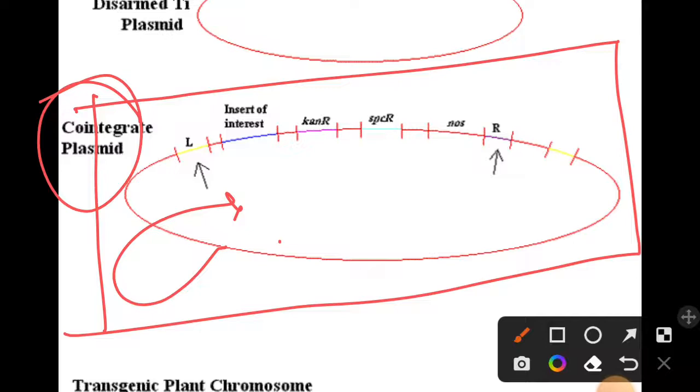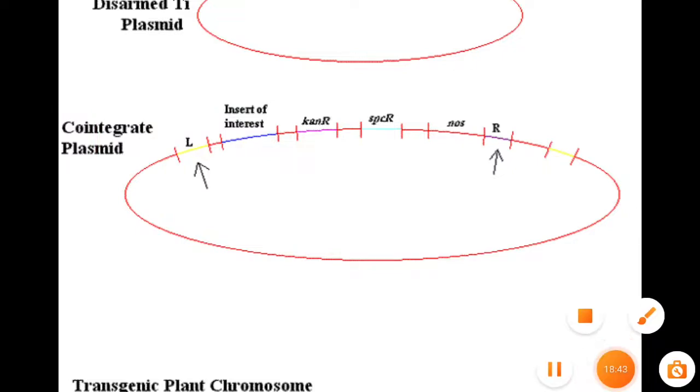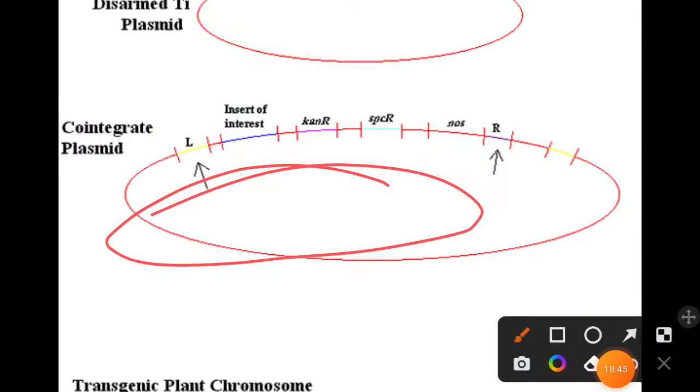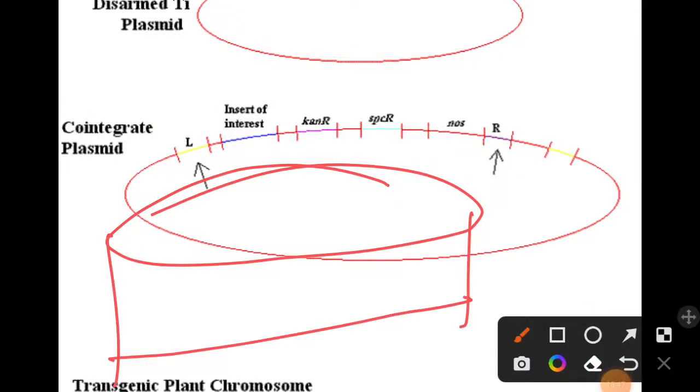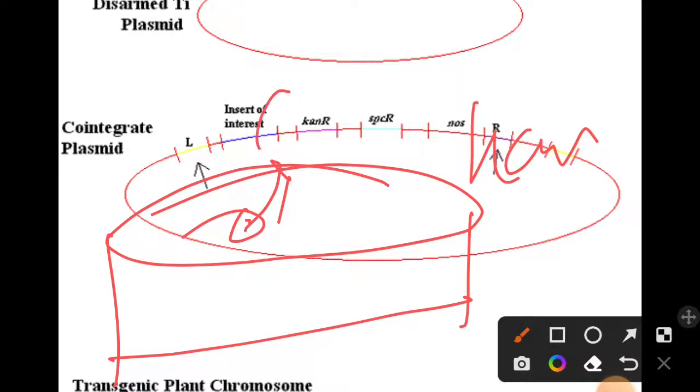After we have infected the cut segment of plant tissue, if we keep it in a medium containing kanamycin, only those plant cells that have successfully acquired the kanamycin resistance gene will undergo cell division. That is why they are capable of dividing. So this plant cell will grow and lead to the formation of callus.